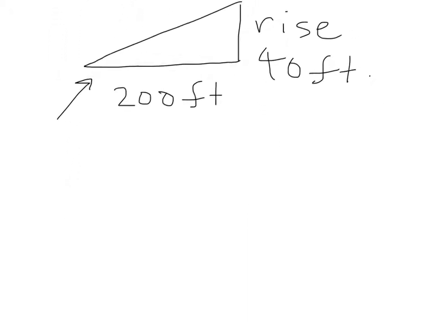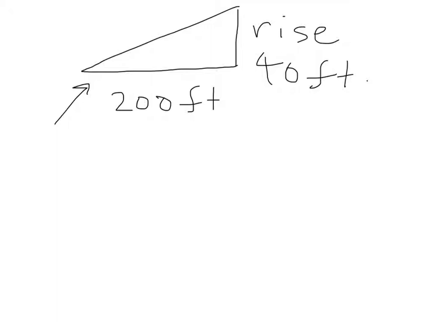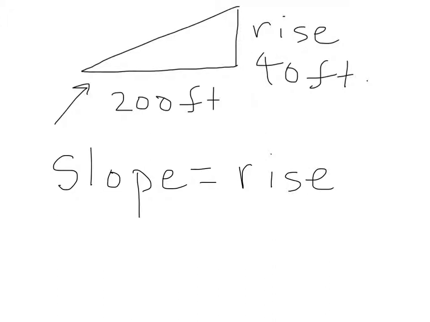Our slope is defined as a ratio of the rise divided by the run.